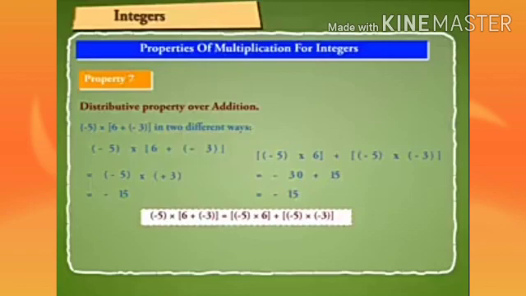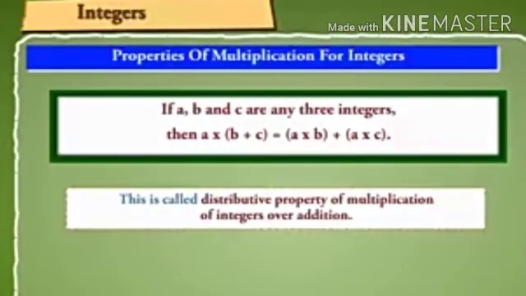Therefore, minus 5 into 6 plus of minus 3 is equal to minus 5 into 6 plus minus 5 into minus 3. Hence, if a, b and c are any three integers, then a into b plus c is equal to a into b plus a into c. This is called the distributive property of multiplication of integers over addition.